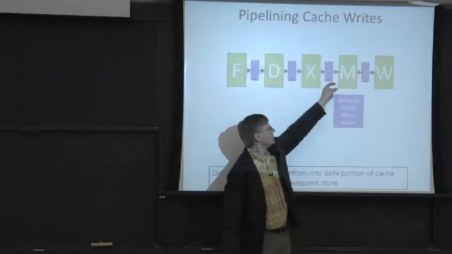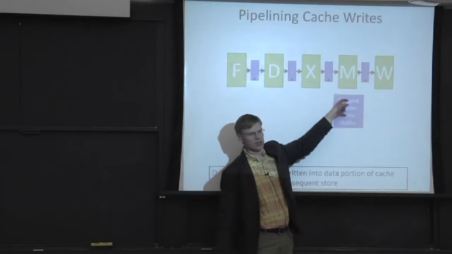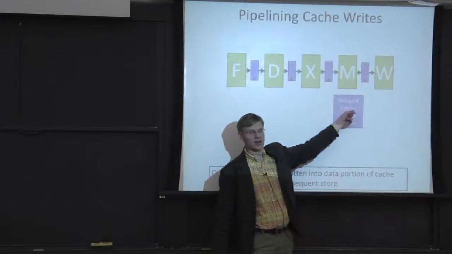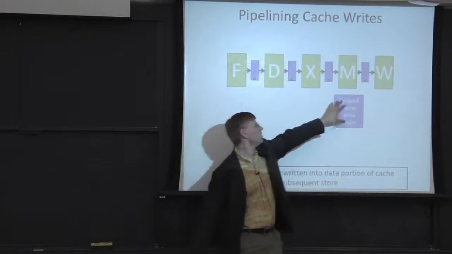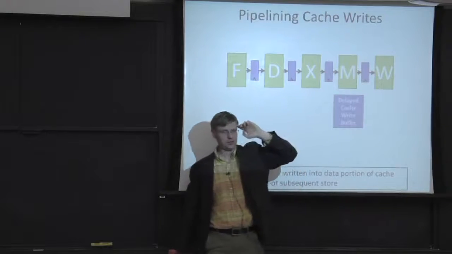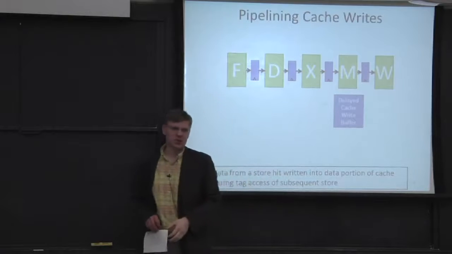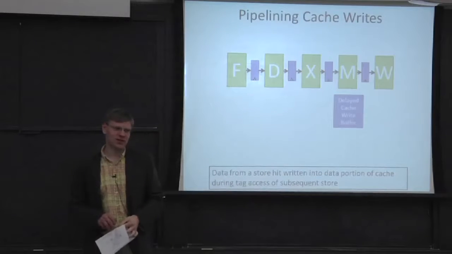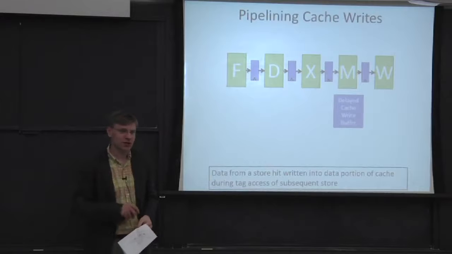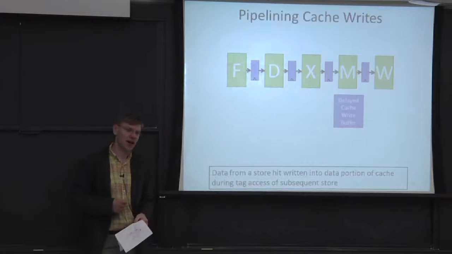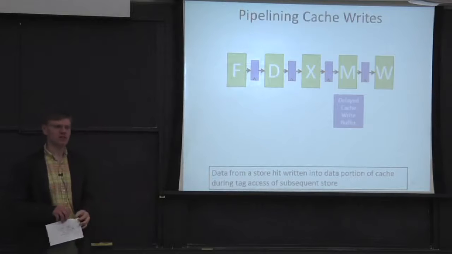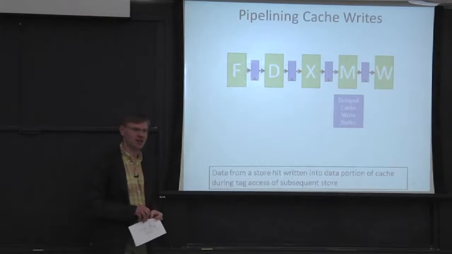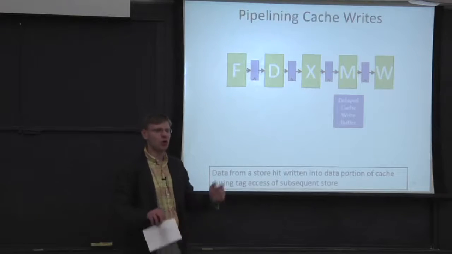So in parallel, you check the tag, and you store the data here. And then, sometime in the future, you want to move this into the cache. But you need a convenient time to do that. So one option is you wait for a dead cycle on the cache. OK, that sounds good. How do you know you're going to get a dead cycle?